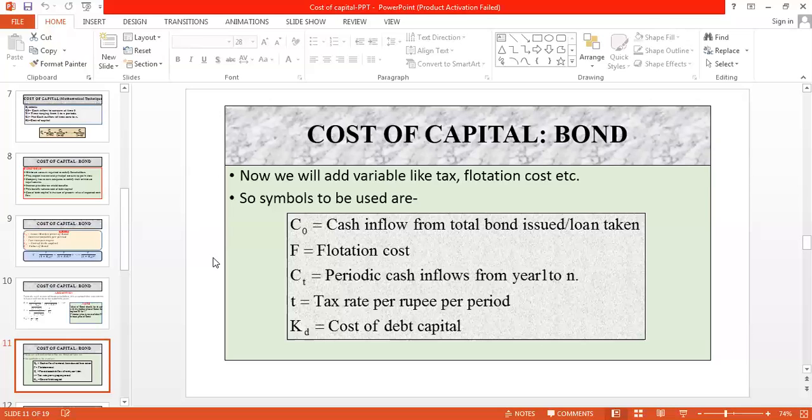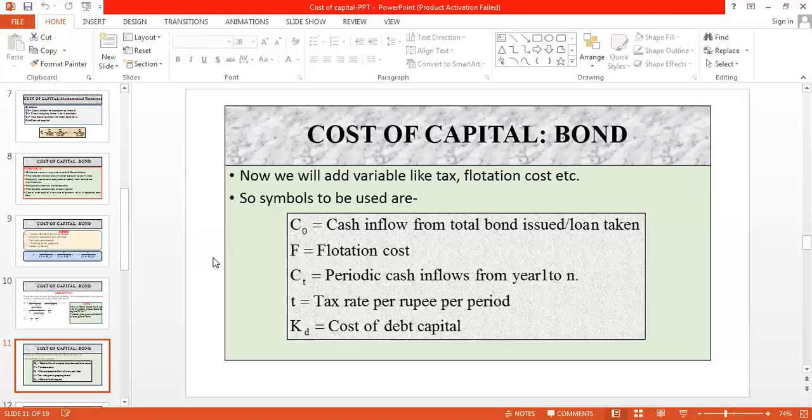F is the flotation cost. It is the expenses that the company has to bear at the time of issuing the bond. That means although the company has collected C0 amount by issuing a particular bond, effectively the company has got in hand C0 minus F amount. So this is the net cash inflow from the issue of the bond.